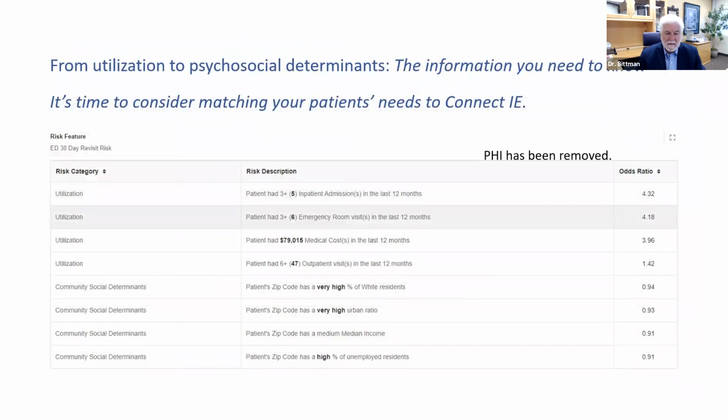What you're looking at here is from psychosocial determinants. What do we really need to know? And perhaps our real focus should be on another project that Jana runs, which is Connect-IE. This is a program that was basically funded by IEHP. We're very appreciative of it.